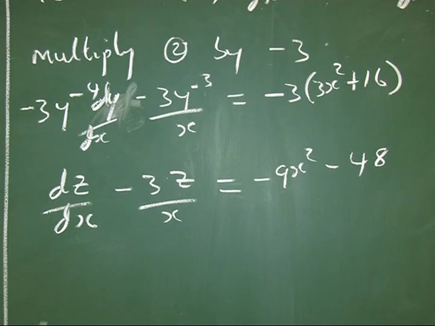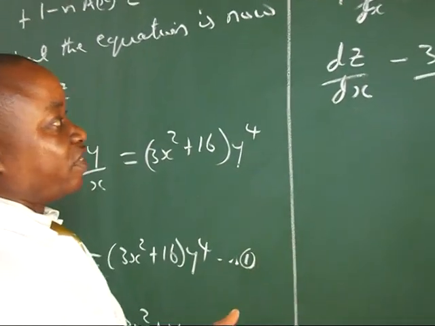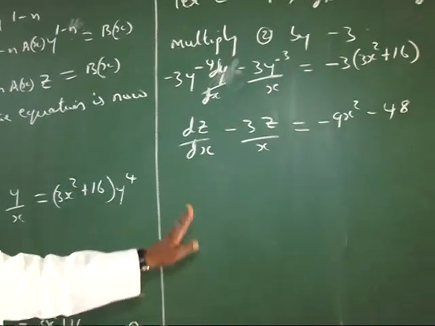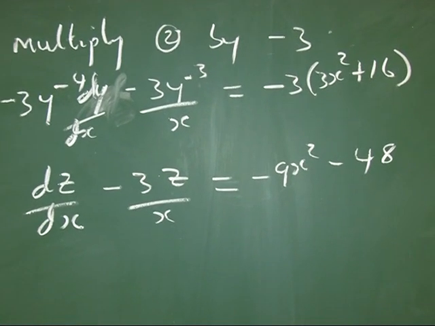Now, we see that this equation is now a linear differential equation. We have converted it from Bernoulli to linear differential equation. And so, we have to recognize our integrating factor.